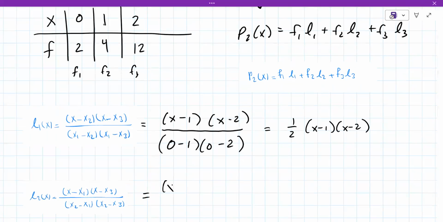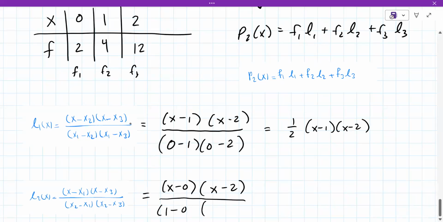So it's X minus 0, X minus 2, and then X2 minus X1, so that's 1 minus 0, 1 minus 2, like that. So this one's negative 1/2 X times X minus 2. And then similarly, there's a formula for L3.